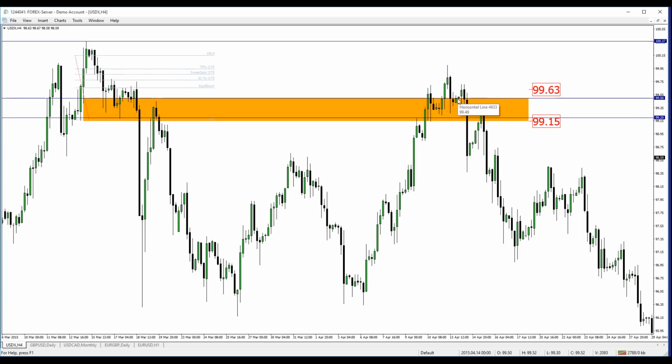So we know that 99.50 and 99.20, and let's change these little things here just to highlight that being the case. So we have these two levels here that we would automatically go into the marketplace looking for.